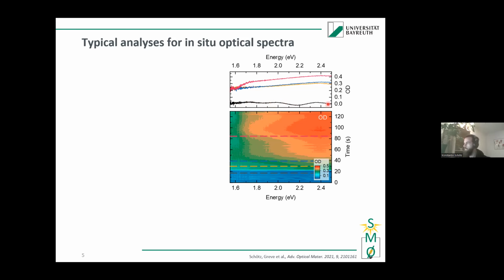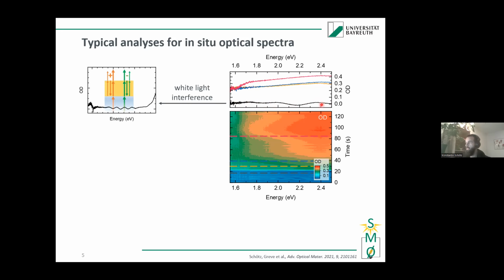And this modulation is not just a noisy background or something, but it is a signature of white light interference at the solvent layer. So depending on the thickness of the solvent layer on our substrate during spin coating, and depending on the wavelength, we can have either positive or negative interference, leading to a decrease or increase of the optical density.